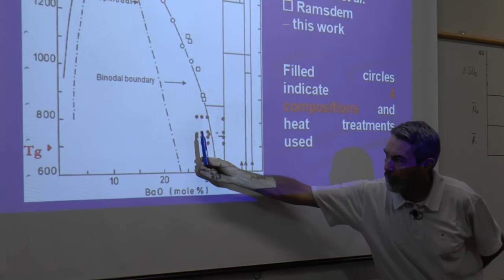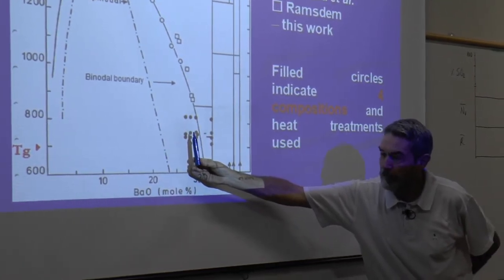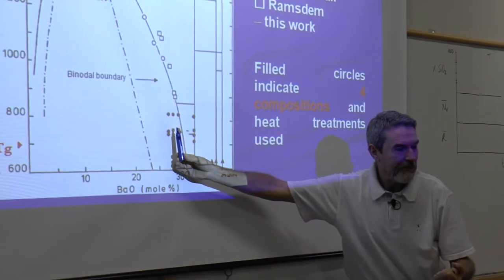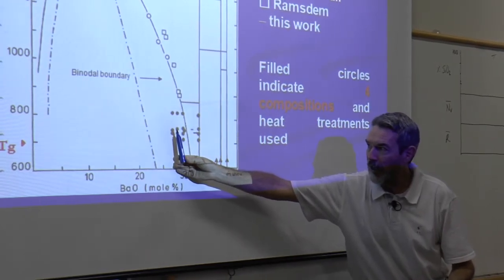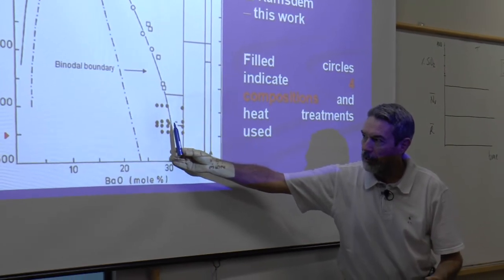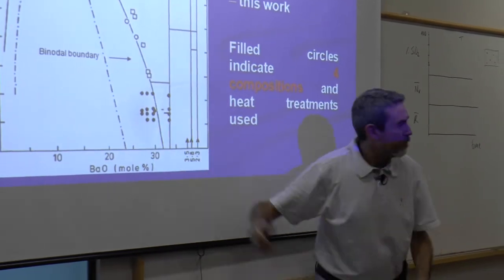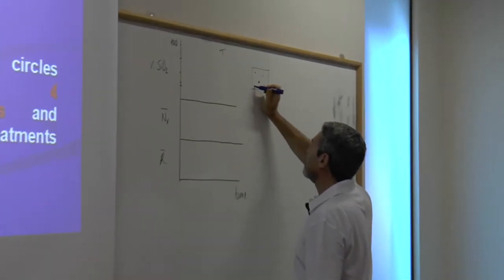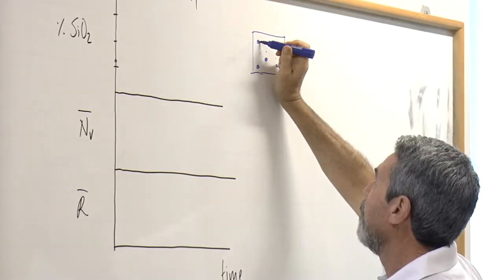if we increase the time, the matrix will change in this direction here, because if you're taking silica out of the matrix, it becomes poorer and poorer in silica, so the matrix phase changes towards the binodal boundary, and more droplets precipitate and grow. So more droplets nucleate, the previous ones grow, others nucleate, and the previous ones grow.